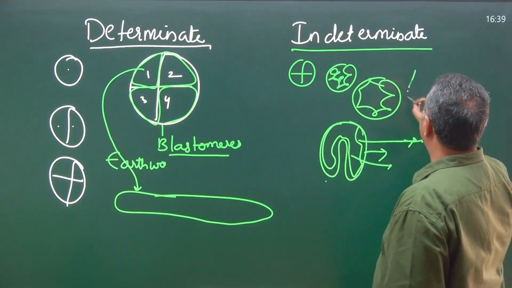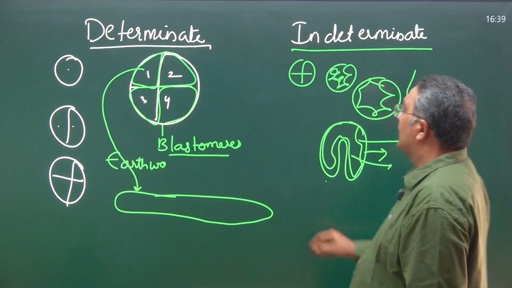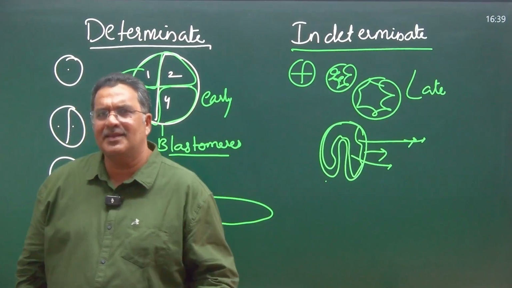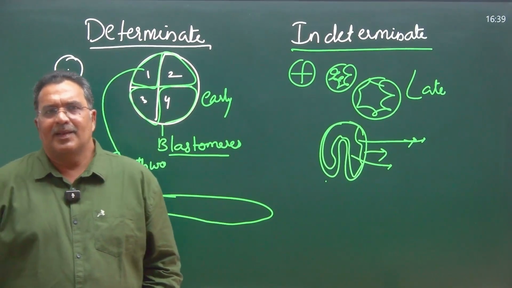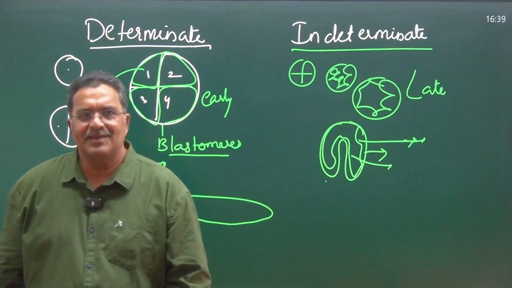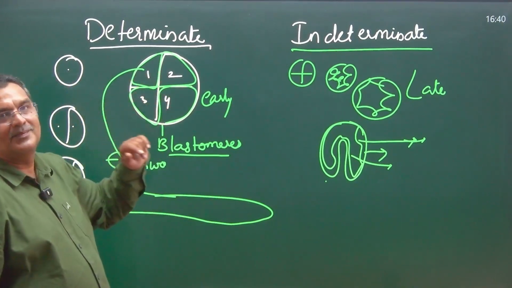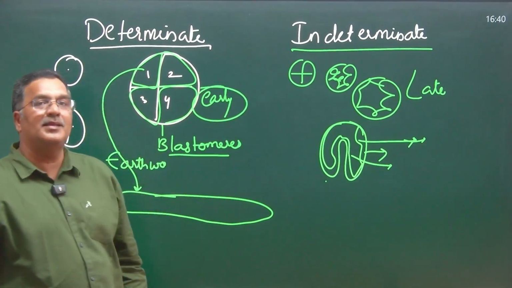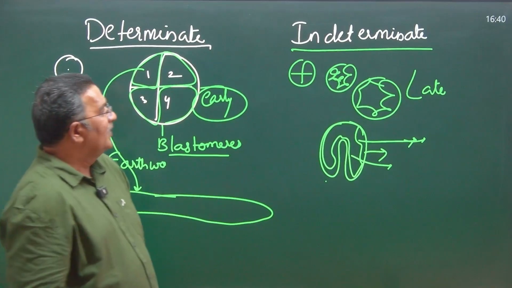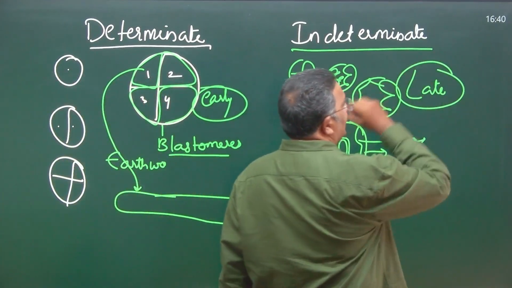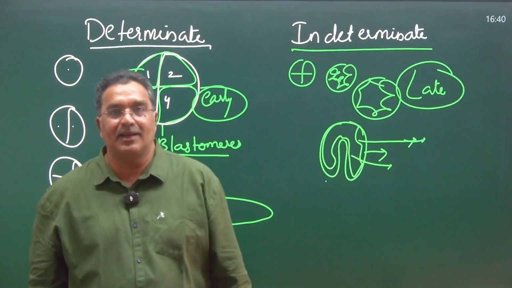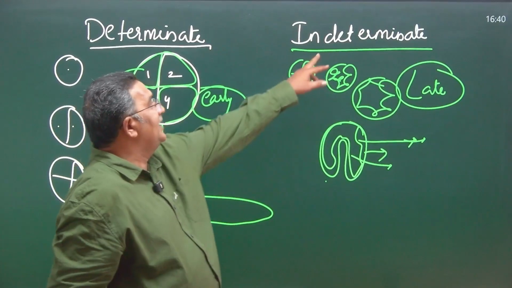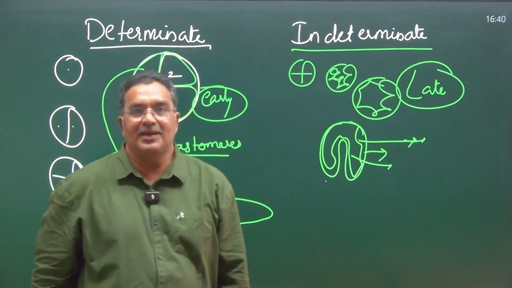Means here the decision is late. In determinate the decision is early. Simply, a student at nursery, LKG, UKG stage says I will become a doctor; that means the fate is decided early. Then after 10th class, a student decides I will take BiPC and declares he will become a doctor. We can say that kind of cleavage is called indeterminate.